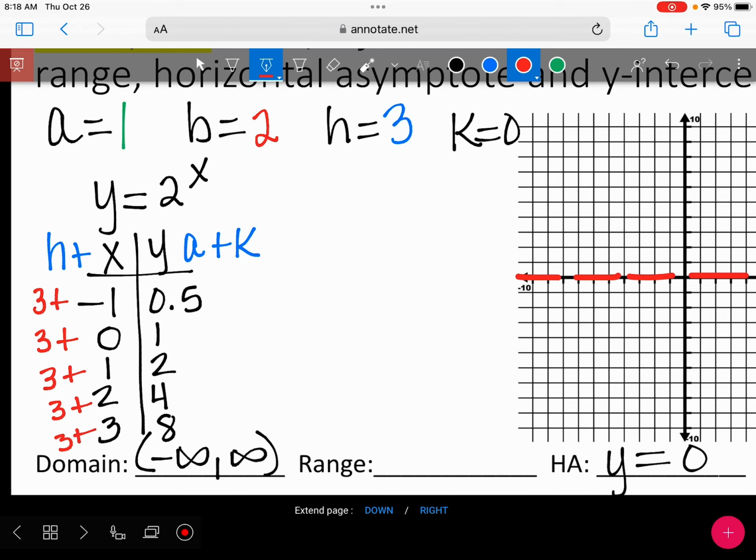We're making a second table. The green table is the one we're going to actually graph. So let's start with that. 3 minus 1. Hopefully we don't need a calculator for 3 minus 1. 3 plus 0. 3 plus 1. 3 plus 2. 3 plus 3. Go ahead and write your new 5 numbers.